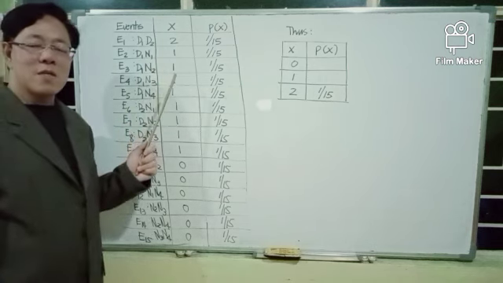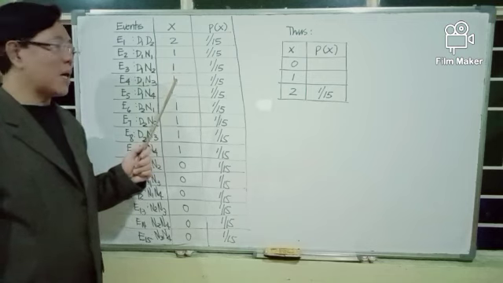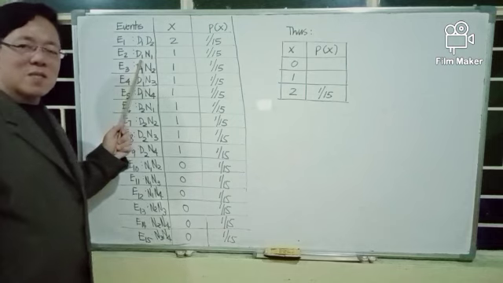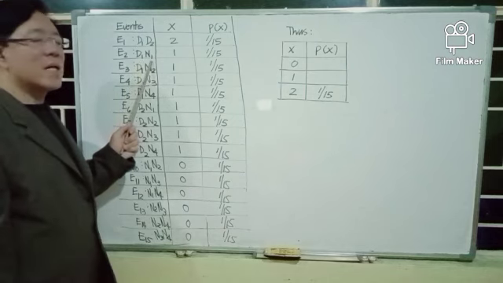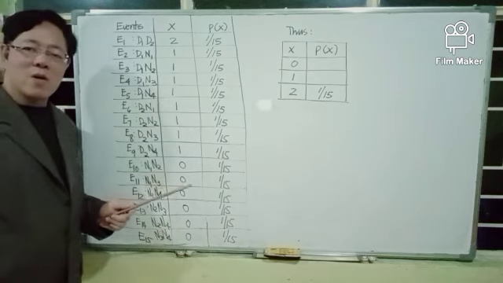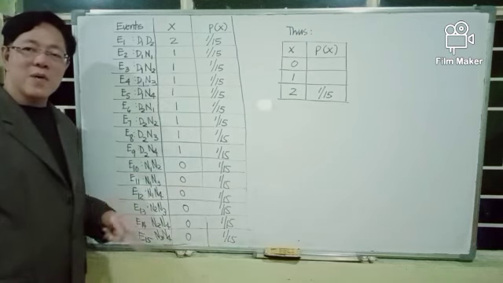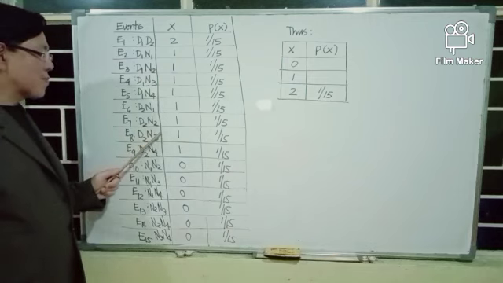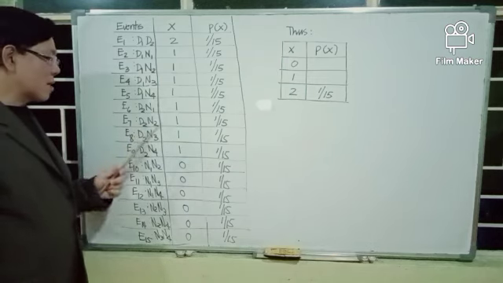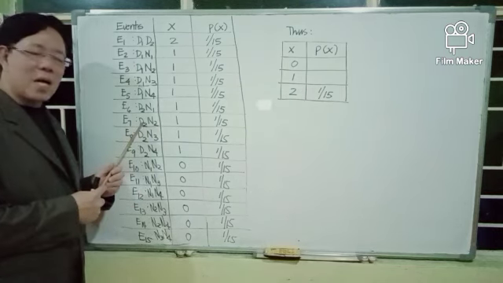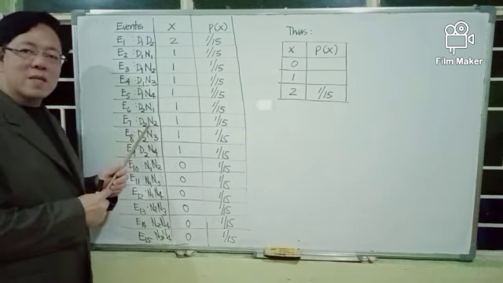One possibility that the customer selected 1 defective item is this event. The customer selected the first defective and the first non-defective. Another possibility is this event, D2 and N2. In this event, the customer selected the second defective appliance and the second non-defective.